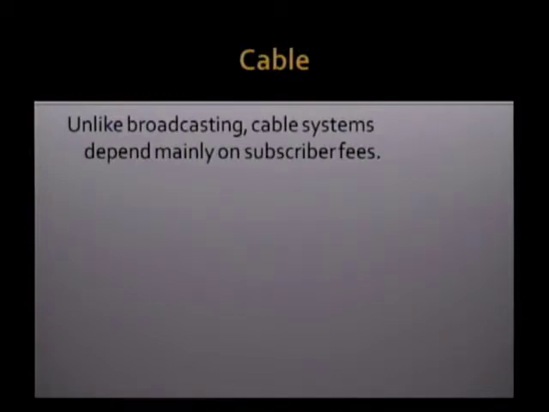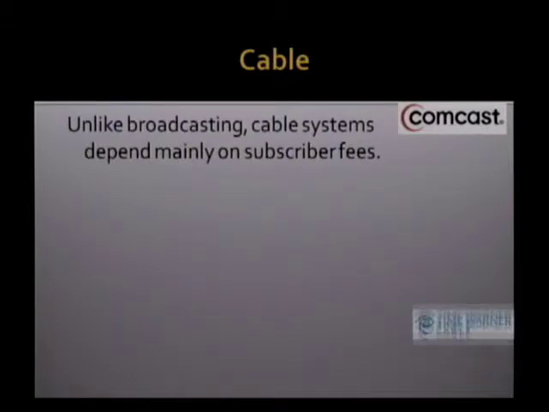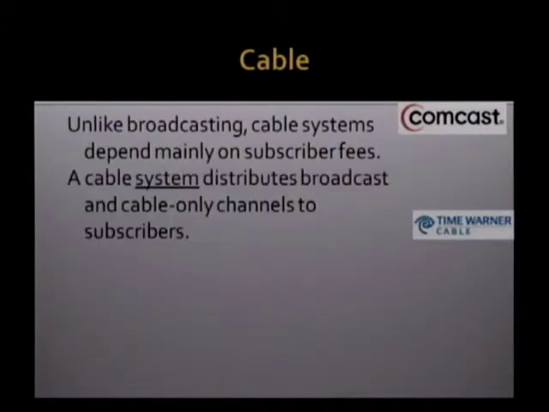Cable systems fill their multiple channels with programs from broadcasting stations and cable networks, and then subscribers are basically the cable's bread and butter revenue. Okay? So again, Comcast and Time Warner are examples of cable systems. Okay? They distribute the broadcast and cable-only channels to subscribers for a fee.